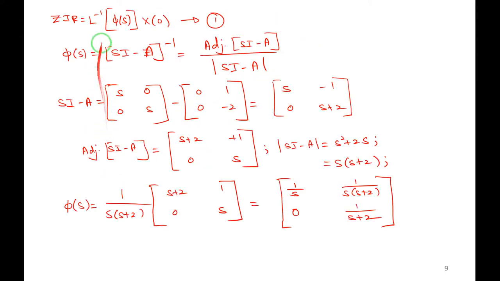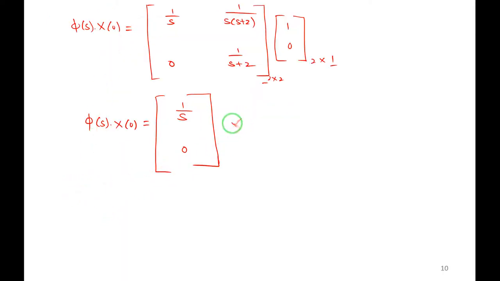Then next what I want is Laplace inverse of phi of s into x of 0; this means the zero input response finally I want. So let me write it here. Zero input response ZIR is equal to Laplace inverse of phi of s into x of 0. Laplace inverse of this quantity is nothing but 1 by s into 0.